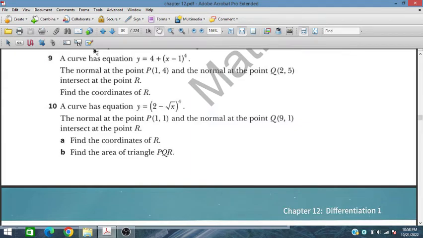The normal at the point P (1, 4) and the normal at the point Q (2, 5) intersect at the point R. Find the coordinates of R. It's very tricky, a little bit difficult, so we will draw this figure here and then explain it.